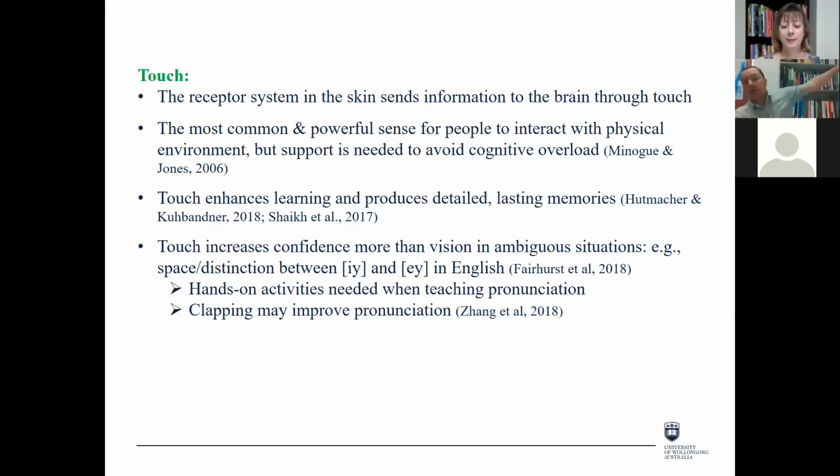So you could draw these IPA symbols on the board, and that visual cue is not really doing much. But when we add touch to that, then that ambiguity is often removed, and things become more clear to the learner. So in terms of pronunciation teaching, hands-on activities need to be included.